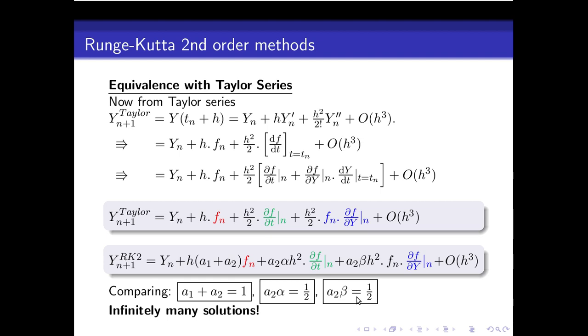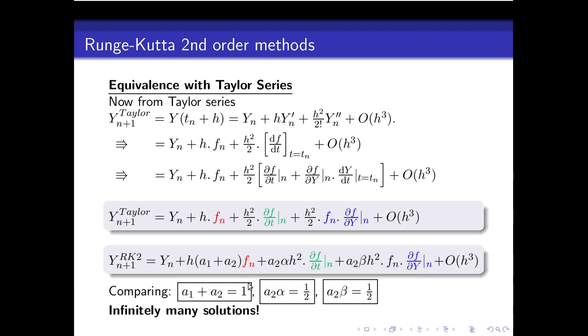But in the general formula of RK2, we have four parameters: a1, a2, alpha and beta. So four variables but only three equations. So there are infinitely many solutions. What does it mean? It means that you can design Runge-Kutta second order methods in an infinite number of ways.